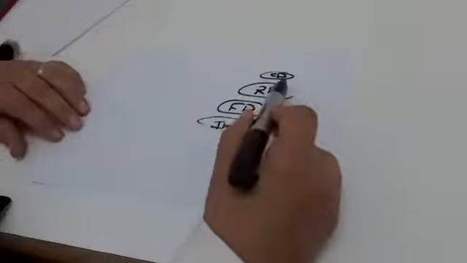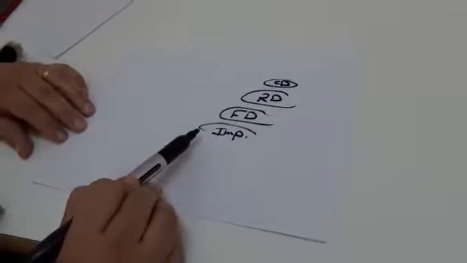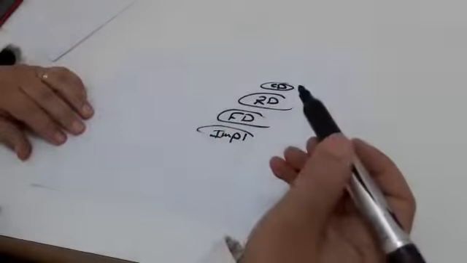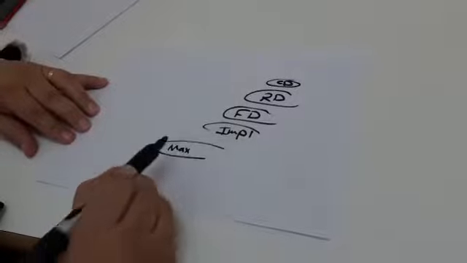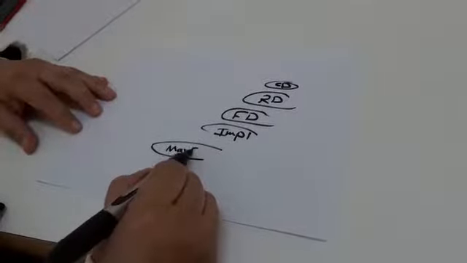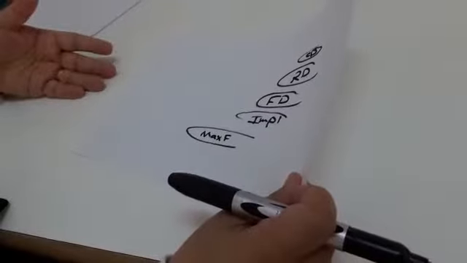So you have the complete denture, the removable partial denture, fixed denture, and implants. And you could go for maxillofacial if you're studying for postgraduate studies. So these are the big families. If I remember something else, I could put it down as well.